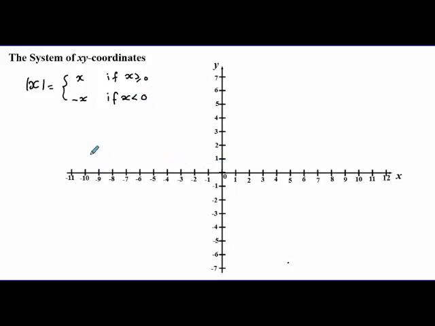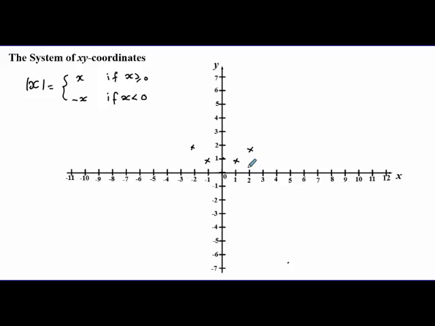So now if we come to a system of coordinates like this, we can notice that if we take positive values, like the absolute value of 1, we place it at 1 on the x-axis, then we get the point there. For 2, we get 2 again, a point there. On the other hand, if it's negative, for -1 we get 1 there, and -2 will give us 2 there.